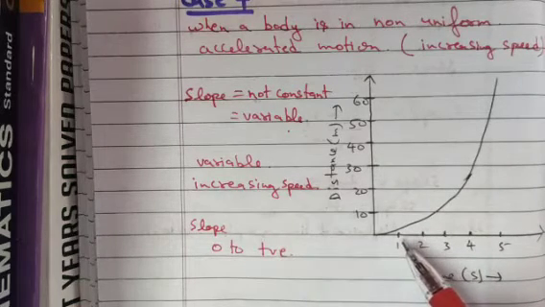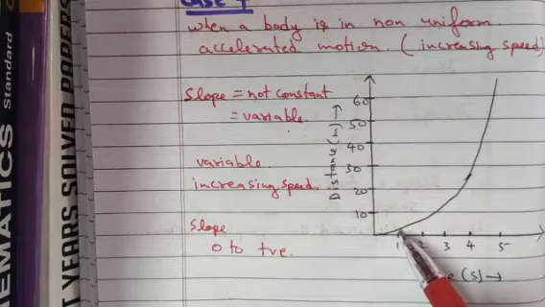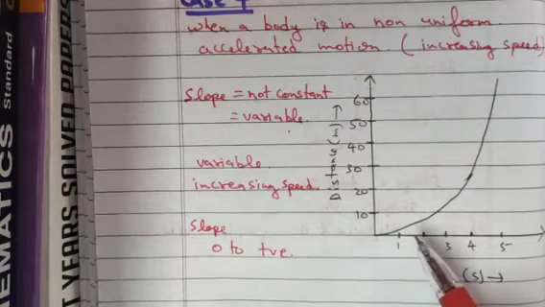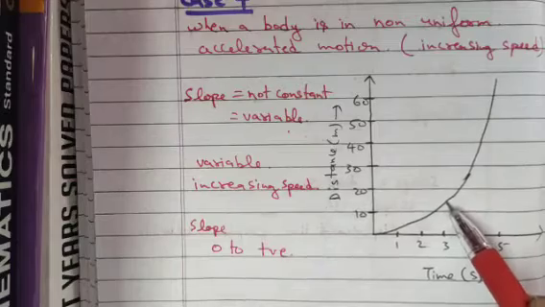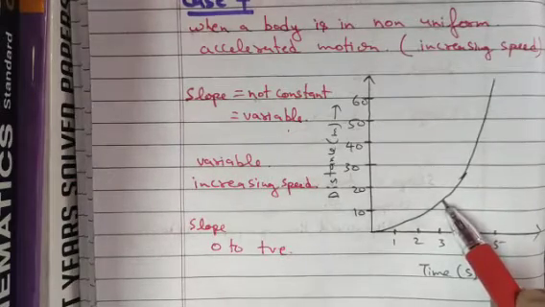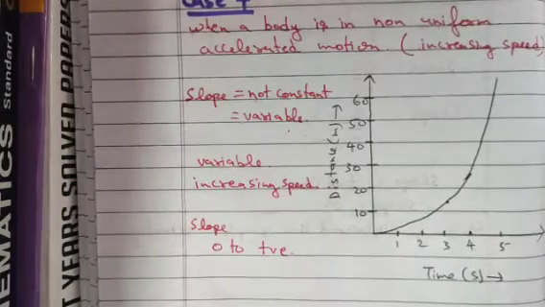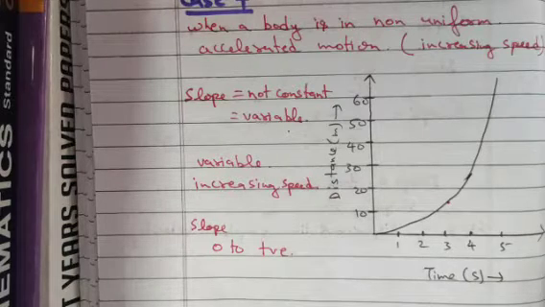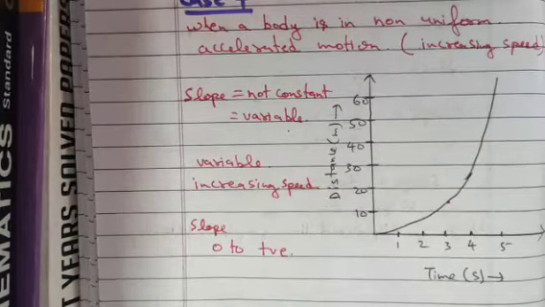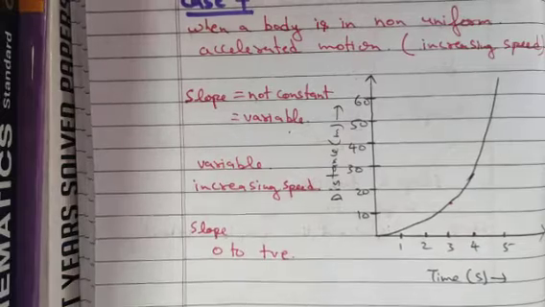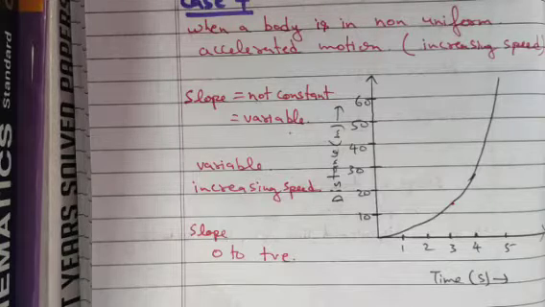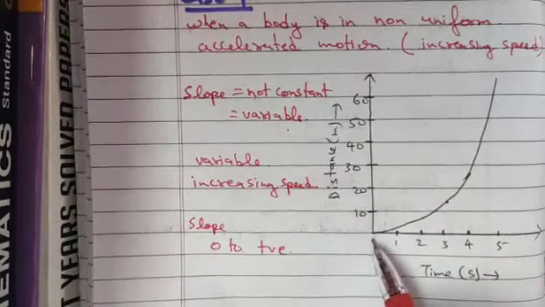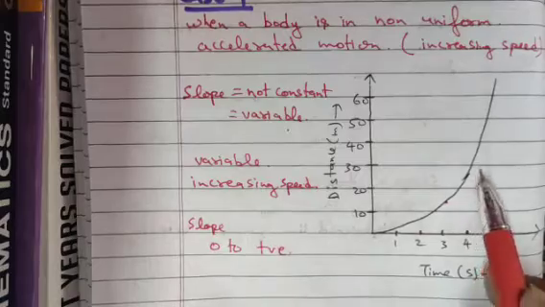Means at 1 second, suppose the distance was 2 meters. At 2 seconds, it is 7 meters. At 3 seconds, it is around 15 meters, like that. So there is an exponential increase in the speed, or the slope will be variably increasing, not at a constant rate. Okay, slope first was 0 and then it is coming positive.